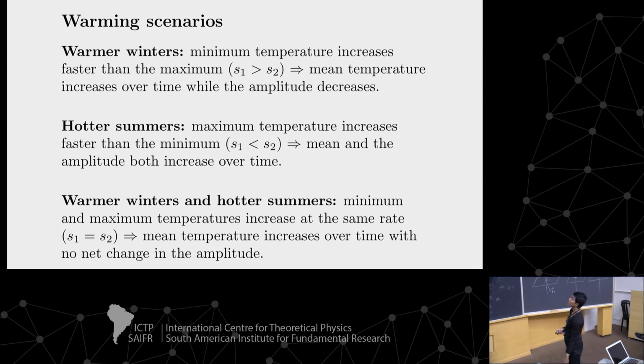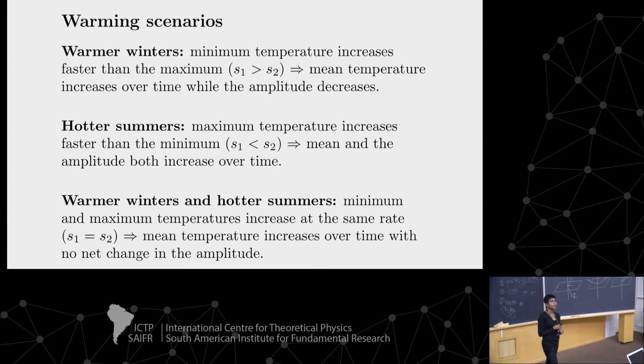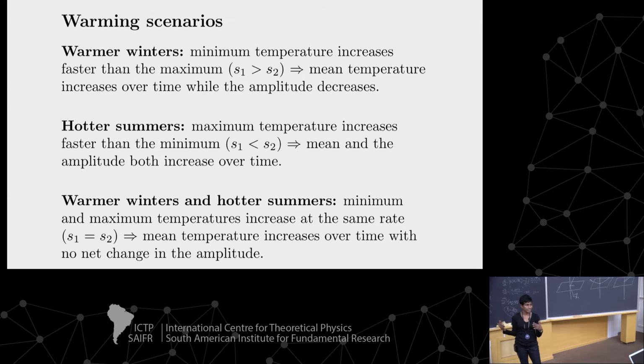Then hotter summers means that the maximum temperature increases faster than the minimum. That means the mean increases, but the amplitude also increases. And then you have the baseline, where you have warmer winters and hotter summers of roughly the same magnitude, where the minimum and maximum temperatures increase at the same rate, so the mean and the amplitude increase at the same rate.